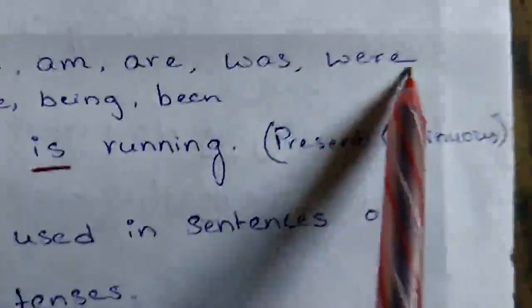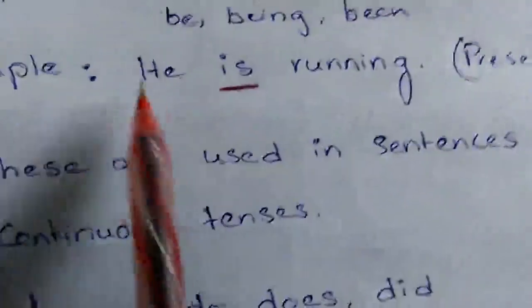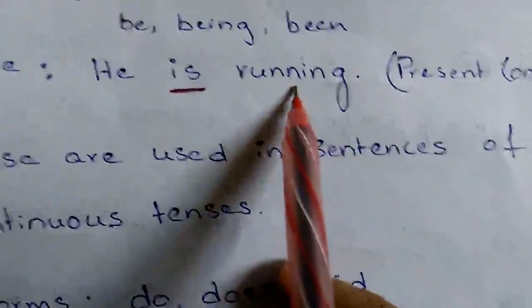And in detail, we take be forms first. As I said, is, am, are, was, were, be, being, been, all these are called be forms. We take one example: he is running.